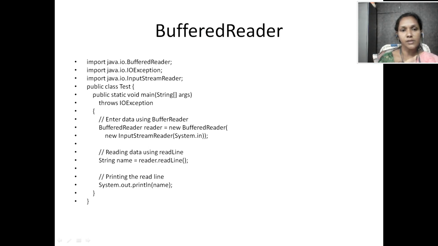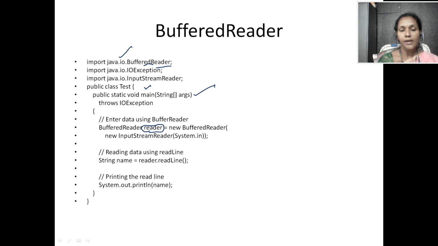If you have observed, the BufferedReader class is in the IO package: import java.io.BufferedReader. We know how to create a class and a main method. Whenever we want to read the data, first we need to create an object for the BufferedReader class: BufferedReader br equal to new BufferedReader of, and it accepts an input stream as a parameter.